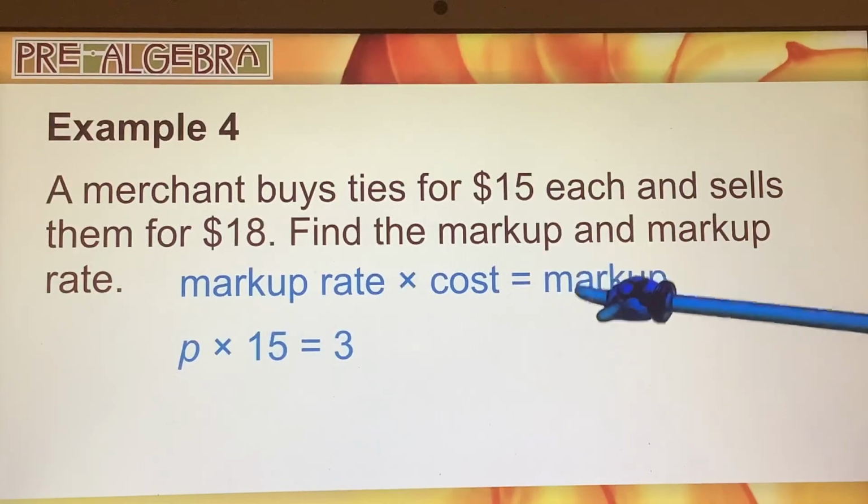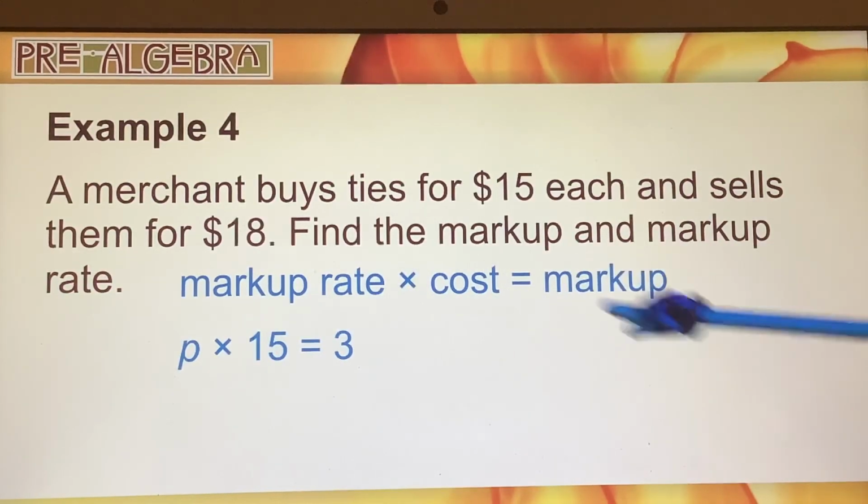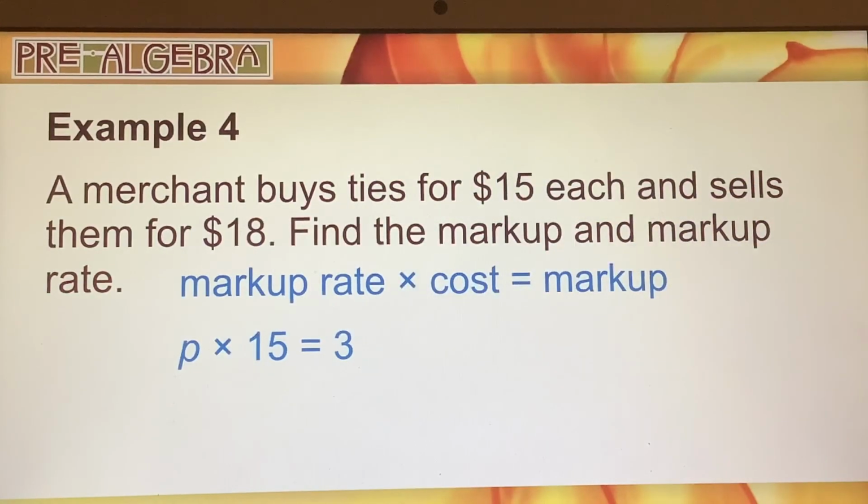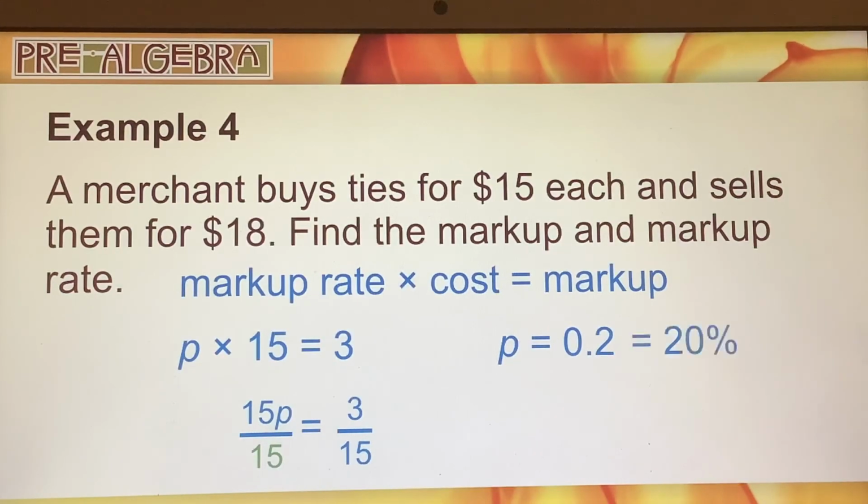The amount that they marked up was $3, because 18 minus 15 gave us 3. Now we can solve for P. 3 divided by 15 is 0.2. So when we convert that into a percent, that's 20%. So that means the markup rate was 20%.